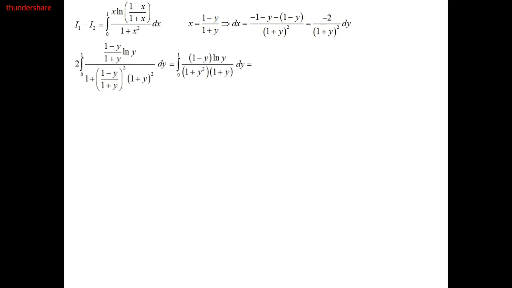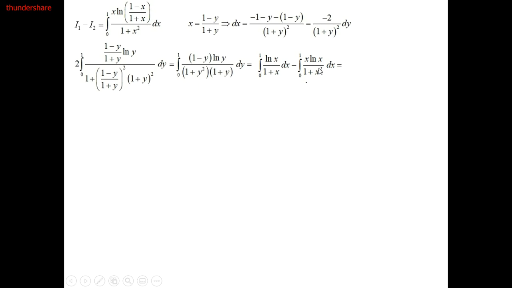So we will reach this point: integral from 0 to 1 of (1 minus y) divided by (1 plus y) times ln(y) divided by (1 plus y squared) dy, and after making a partial fraction and factorizing these brackets together, we reach this value.